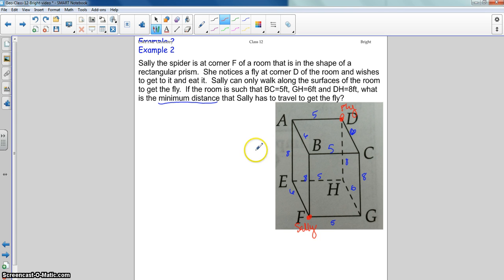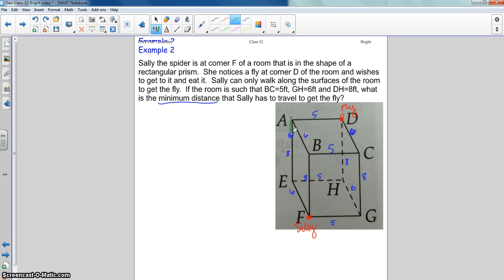Okay, so now I want to try to use the same idea that we presented in the last problem where we made this into a 2D model. To do that, and I suggest that you pause the video and attempt it for yourself, what I'm going to try is to cut this prism apart.